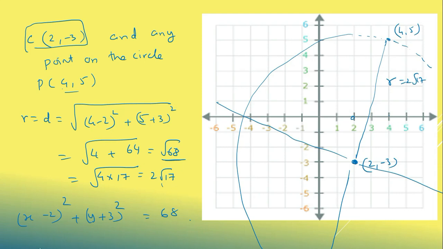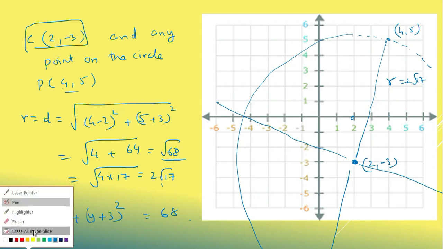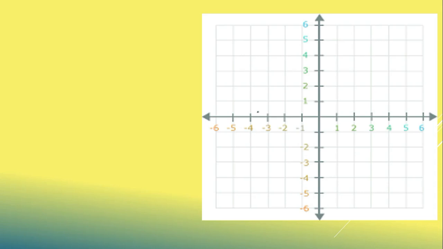And if I give you the end points of a diameter of a circle, the end points of the diameter are (2, 3) and minus 4, 11.